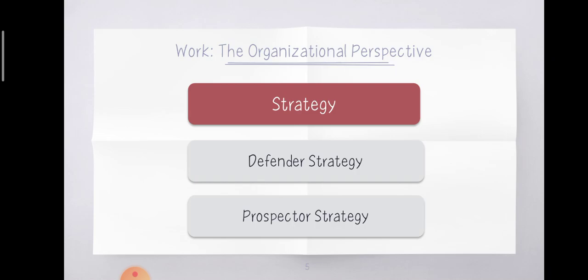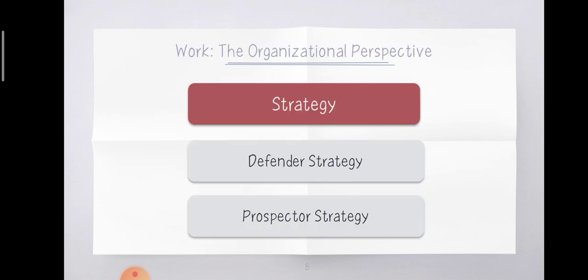I hope that you still remember that in the previous module, a company would select a defender strategy when it is competing in a stable market and has well-established products. For example, a regulated electric utility company might adopt such a strategy.